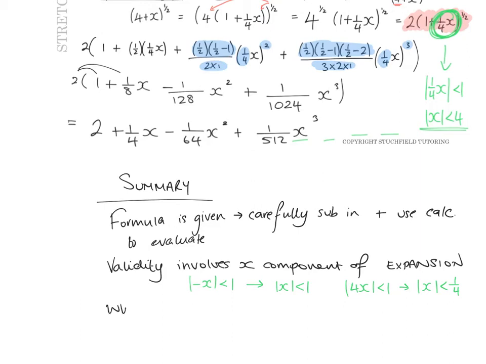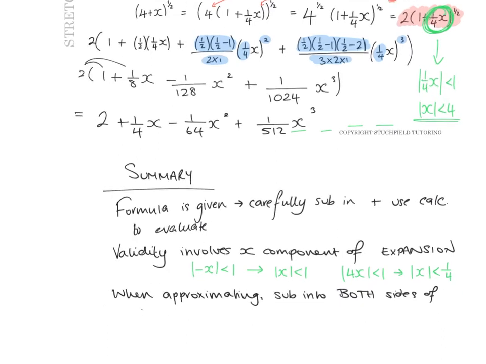And then when approximating, this is the crucial bit. When you are approximating, you must sub into both sides of the equation, of the expansion in fact, to find the value you are asked for.